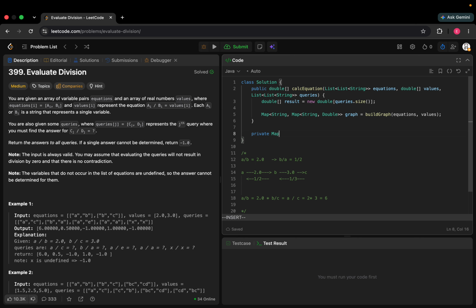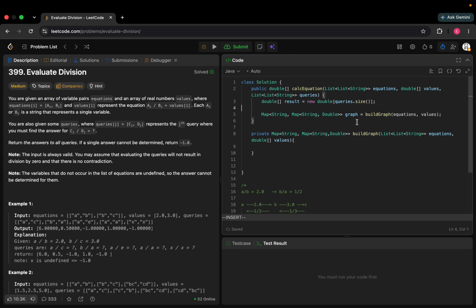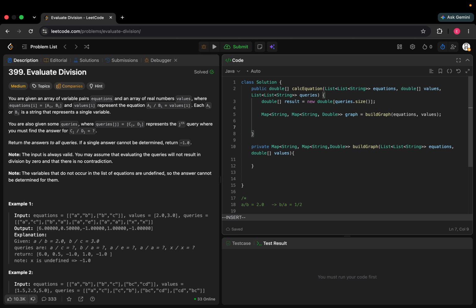Private equations, double values. Okay, this one is not finished, I will implement this later.